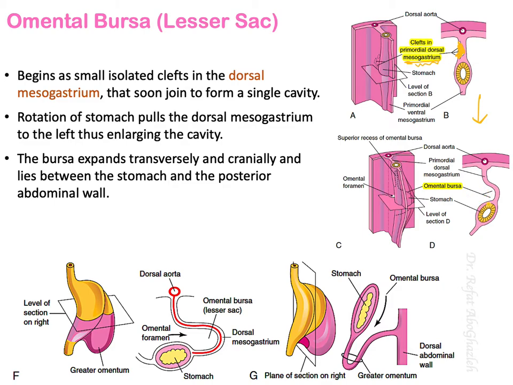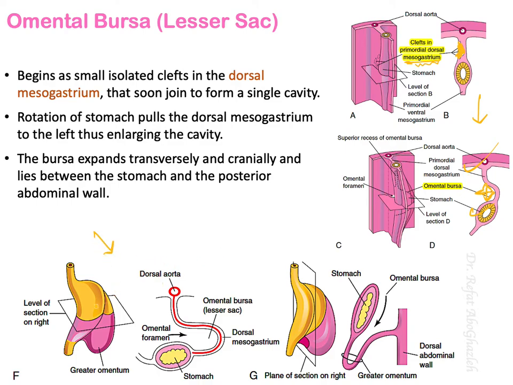So with the rotation of the stomach, this omental bursa expands transversally and cranially, right? Superior and inferior and to the lateral side, which is between the stomach and the posterior abdominal wall.